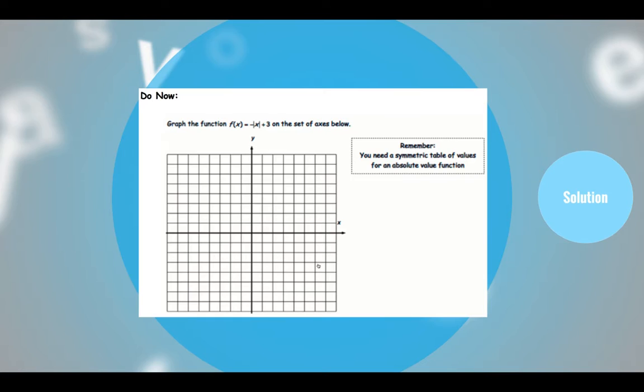Now be careful here. This is a reminder from yesterday's lesson. With absolute value functions, you need to create the symmetric table because a lot of times students will forget and create a line because they see a pattern. So say they see a pattern and it continues, but maybe it changes right here, and then there's the turning point and it goes in the other direction.